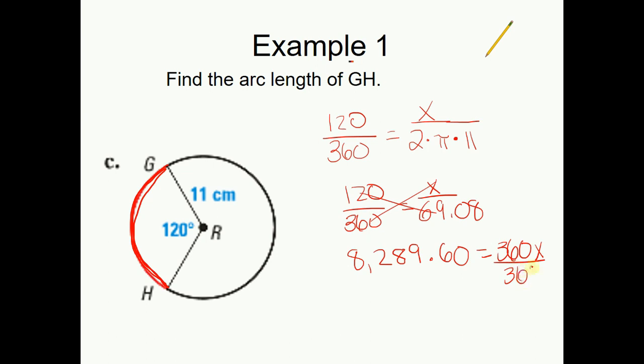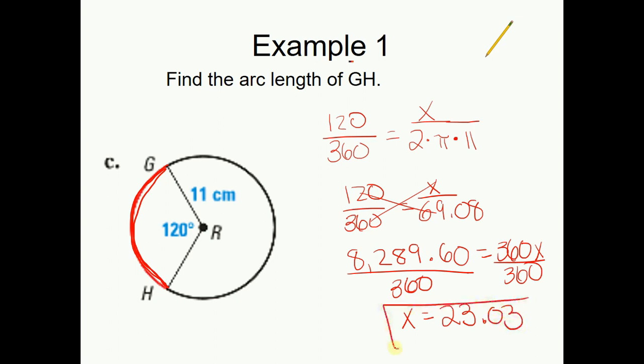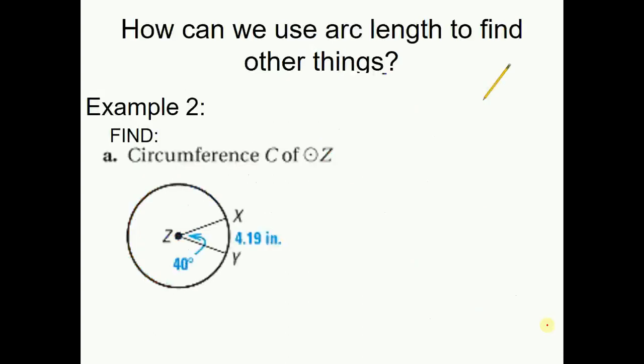Looks like I need to solve for x, so let's divide by 360. I'll get x equals 23.03. And since this is an arc length, basically similar to circumference, we just label it with centimeters, because it's not an area. Now, how can we use arc length to find other things?